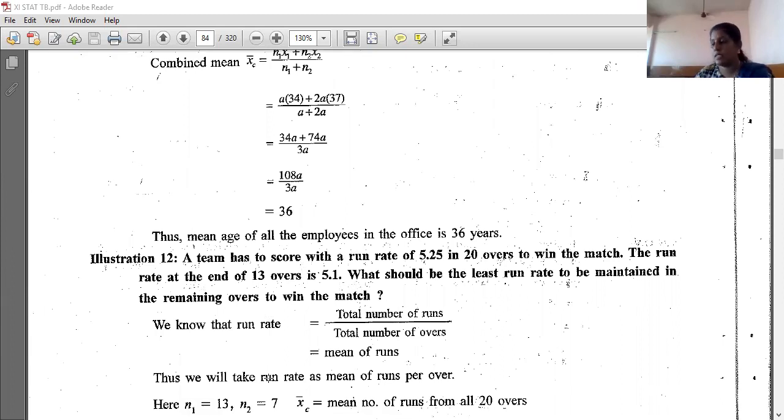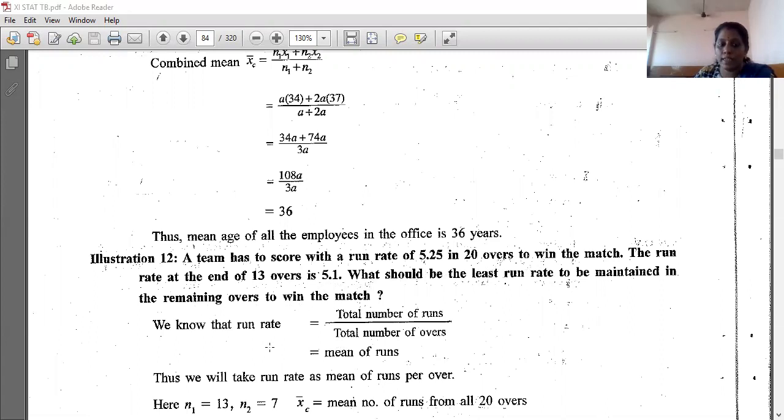Now next is illustration number 12. A team has to score with a run rate of 5.25 in 20 overs to win the match. The run rate at the end of 13 overs is 5.1. What should be the least run rate to be maintained in the remaining overs to win the match?